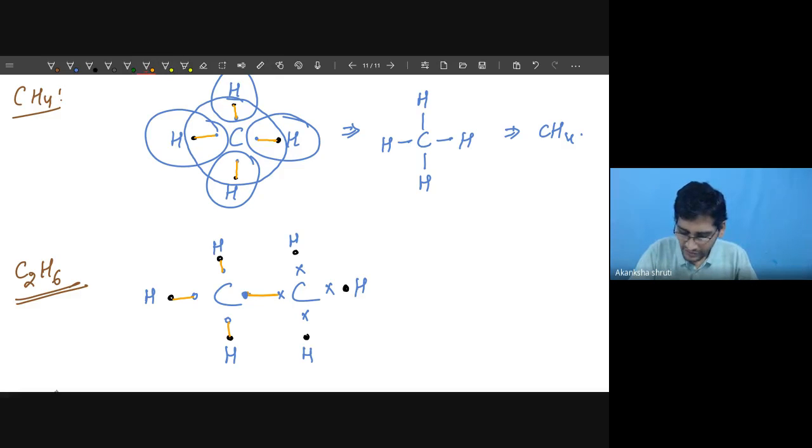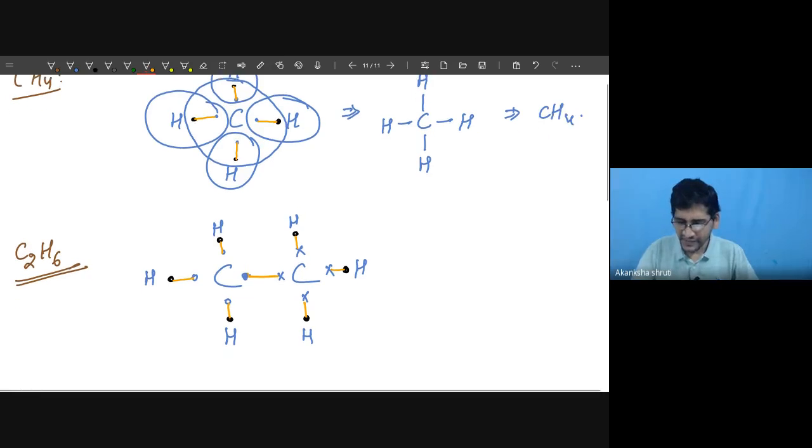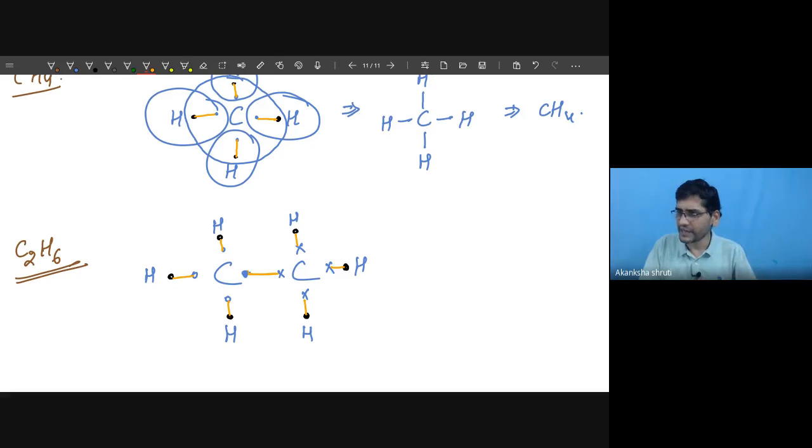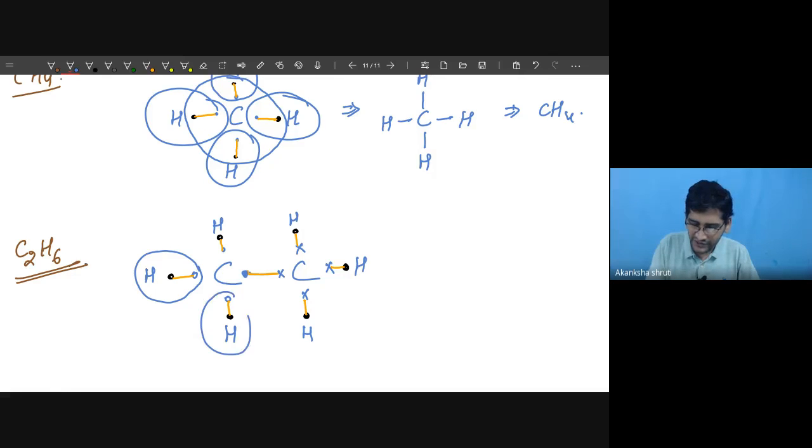Now for the second carbon, there are 3 bonds between the carbon and hydrogen and 1 bond between carbon and carbon itself. So what is the structure, or what is the controlled area? For hydrogen, it can accommodate a maximum of 2 electrons, so only this much is enough for this hydrogen.